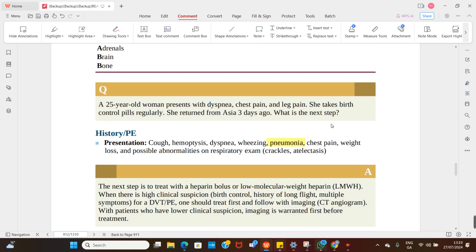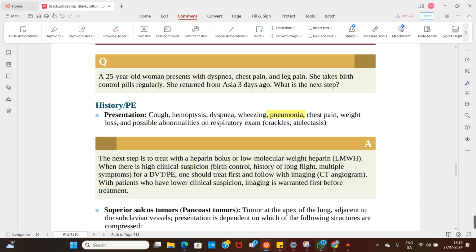So we have talked about the presentation, the cough, hemoptysis, dyspnea, all these things. Recurrent infection, recurrent pneumonia, in which category? Anybody remembers when I said it?